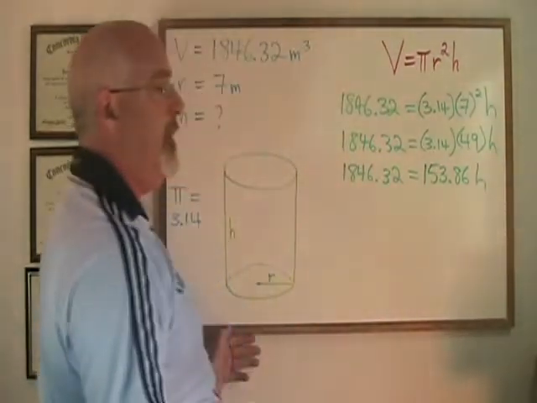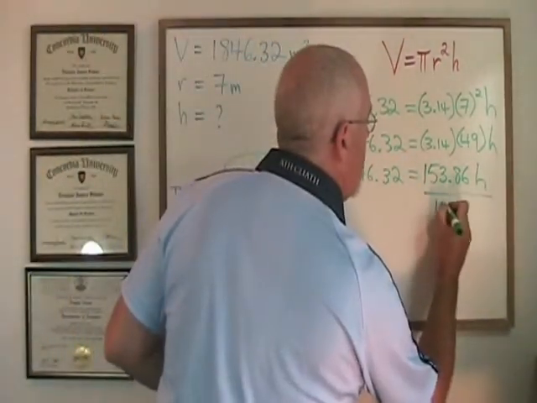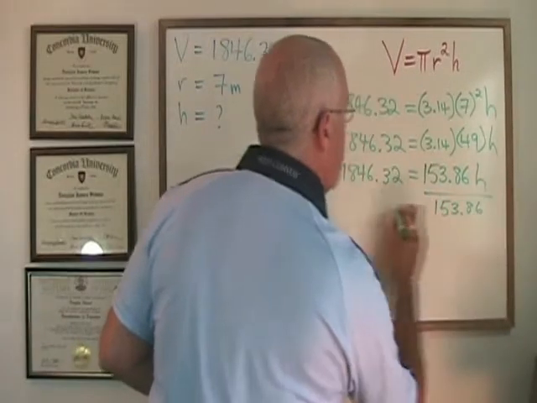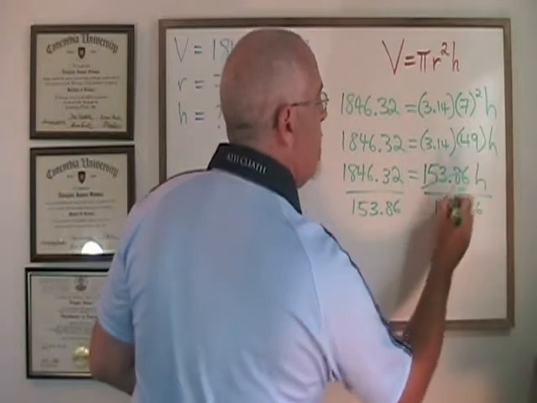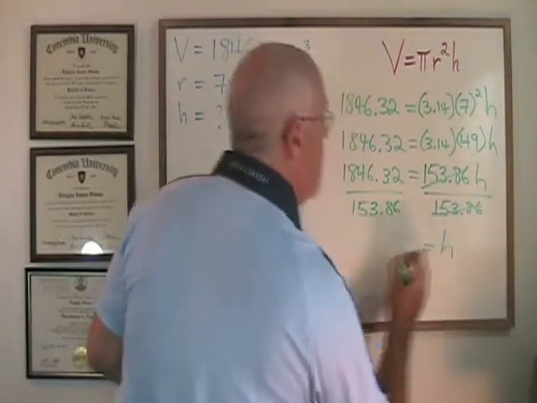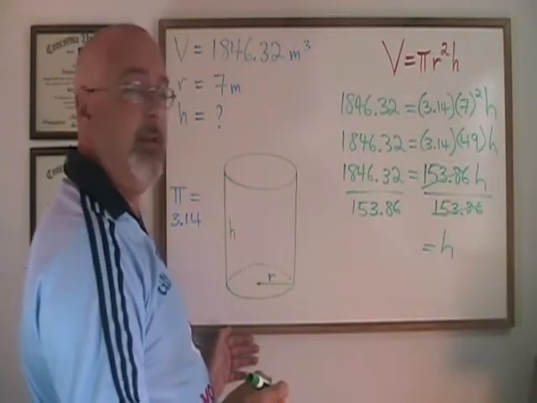The h is still there. Now we divide both sides by 153.86. These cancel. H is isolated, and 1846.32 divided by 153.86 is 12.